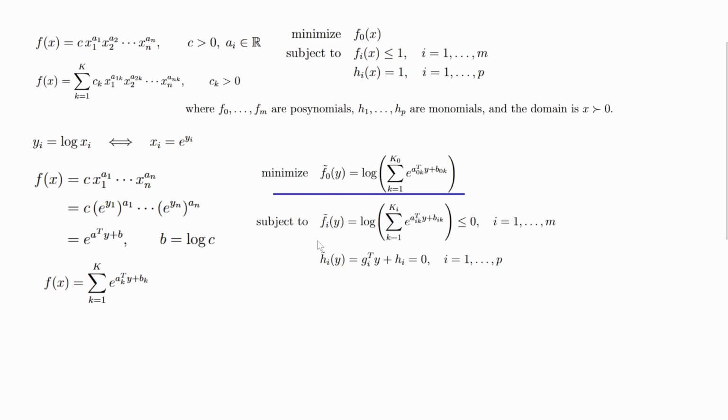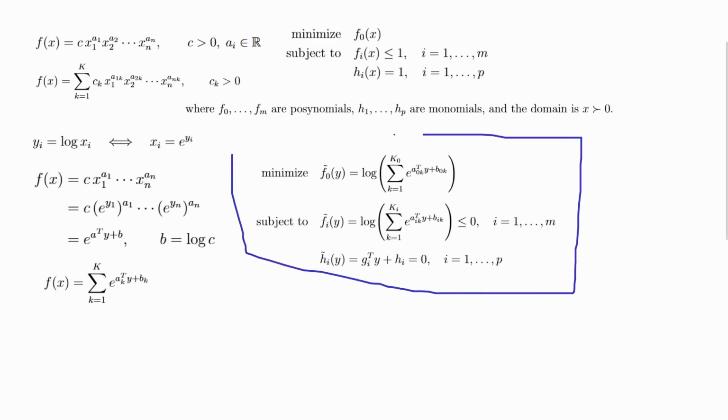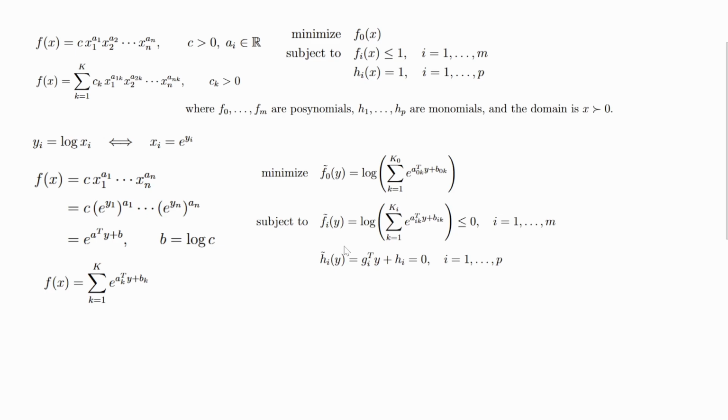The objective and the inequality constraints are log-sum-exp functions, so those are convex. The equality constraints are also affine. So in total, this entire problem is a convex optimization problem.